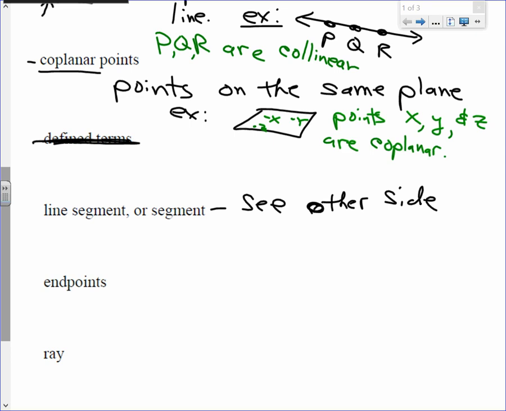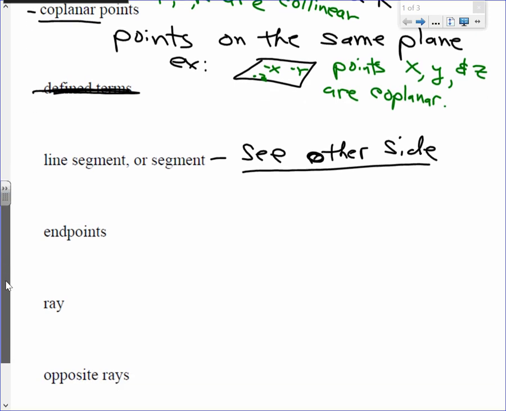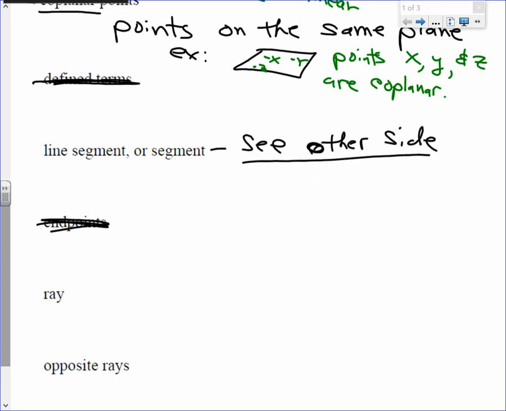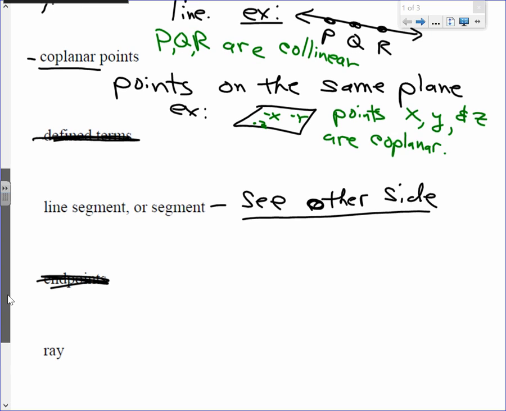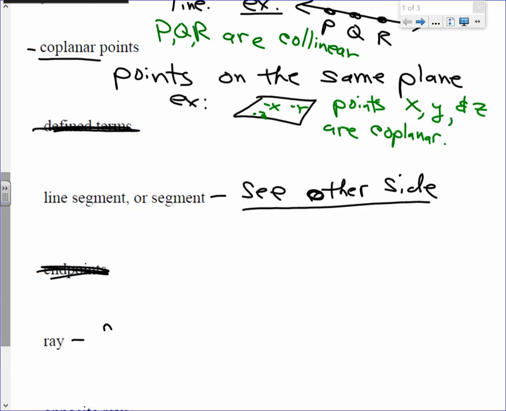Hit it, hit it. So line segment or segment, go and see the other side. That's already defined for you on the picture on the other side of your paper. Endpoints, cross out. There's no need to define that one. Ray, see other side of your paper. It's defined and you have a picture of a ray there.